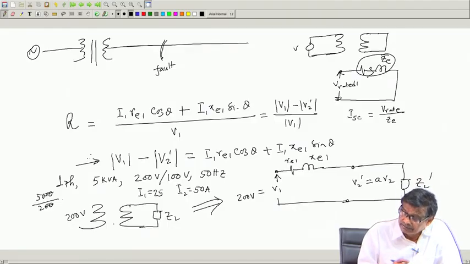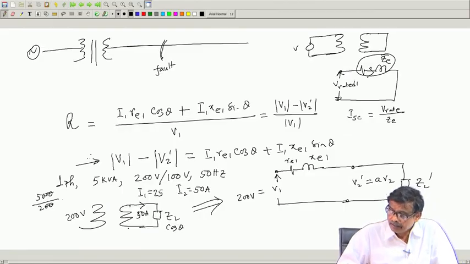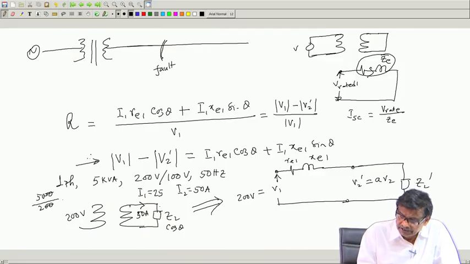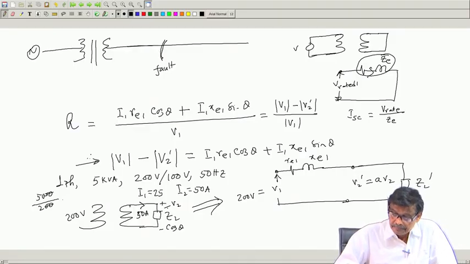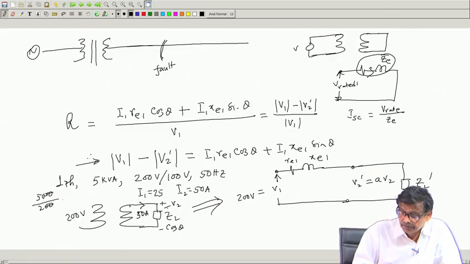Now, suppose the transformer is delivering here 50 ampere current, rated current, at some known power factor angle cosine theta. If I simply ask you what will be this terminal voltage V2 with load connected, what will be V2?